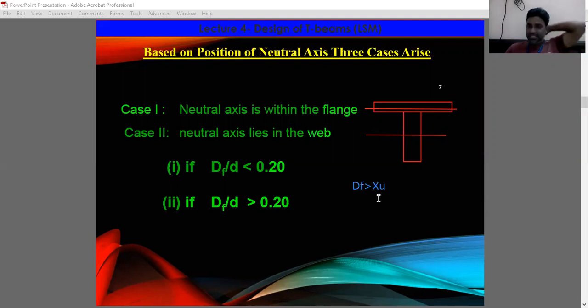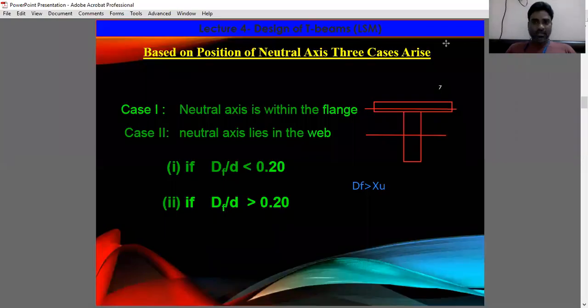So if Df is greater than xu, then we can classify that it is case 1, that means the neutral axis is within the flange. The thickness of the flange is greater than the depth of the neutral axis, so the neutral axis is within the flange.